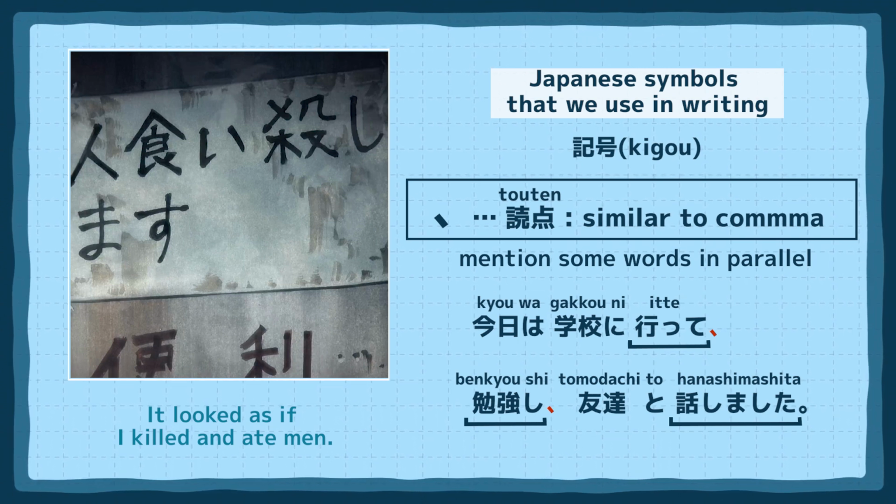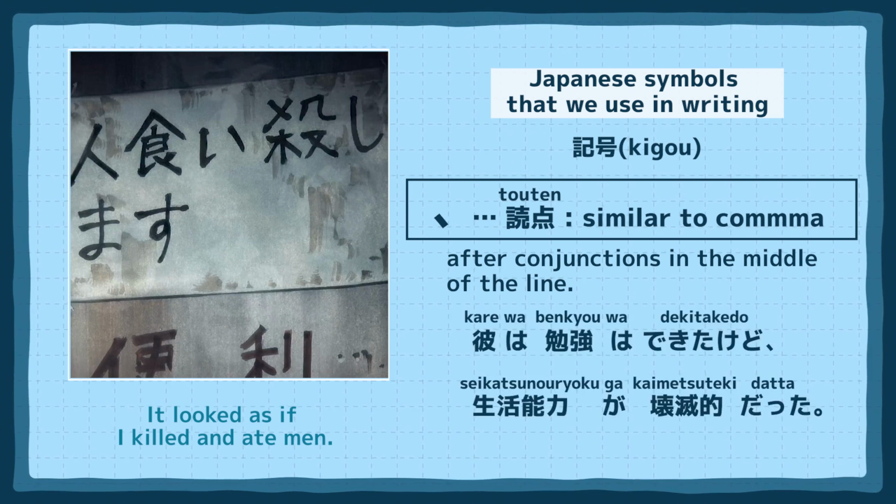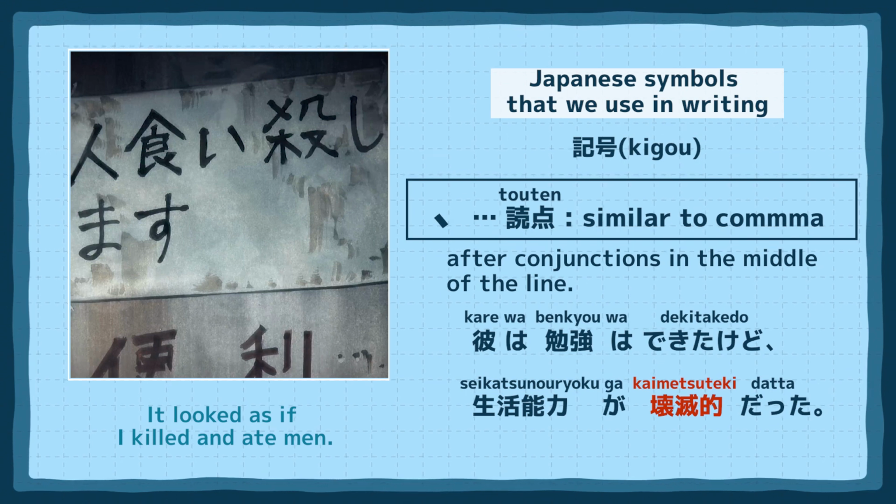Rule number 4. After conjunctions in the middle of the line. 彼は勉強ができたけど、生活能力が壊滅的だった。彼 is he, 勉強 is study, できた is could, けど is although, 生活能力 is the ability to live, 壊滅的 is catastrophic.